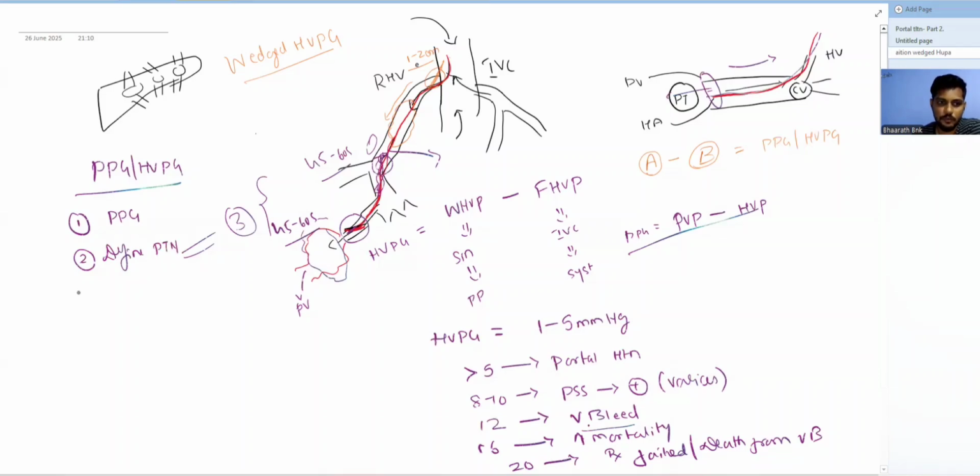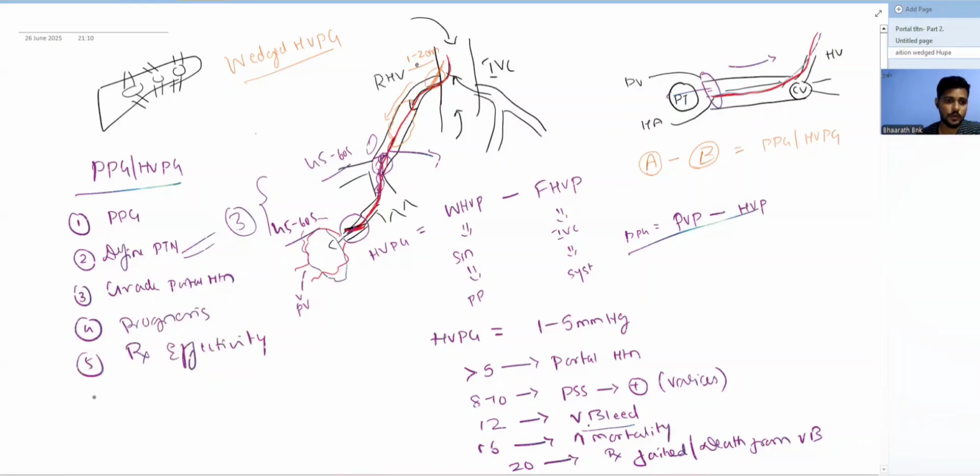Now, because we are able to define portal hypertension, we are also able to grade portal hypertension, right? And also, after any procedure, after any intervention, if the pressures fall down, then we'll also be knowing about the prognosis of it, right? Because you know that if it is 12, it is about to bleed. If it is 16, it is about to bleed. And also, it tells us about the treatment effectivity.